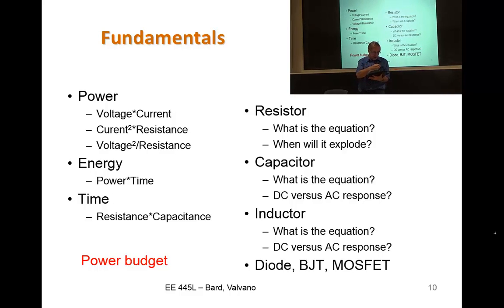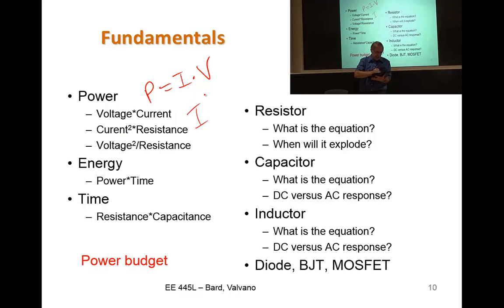Okay, so as a review, as you know, P equals I times V. And this goes to the power dissipated in our system, the number of watts. There are different ways to write it.